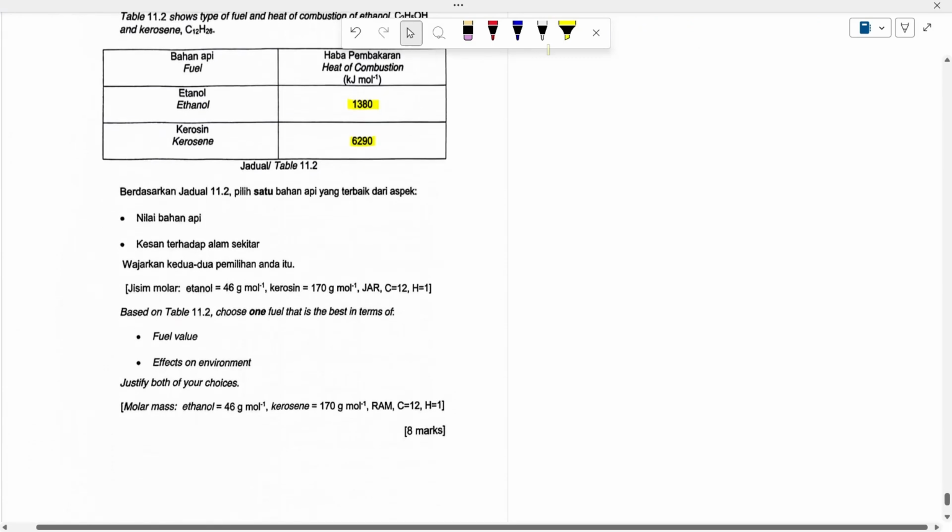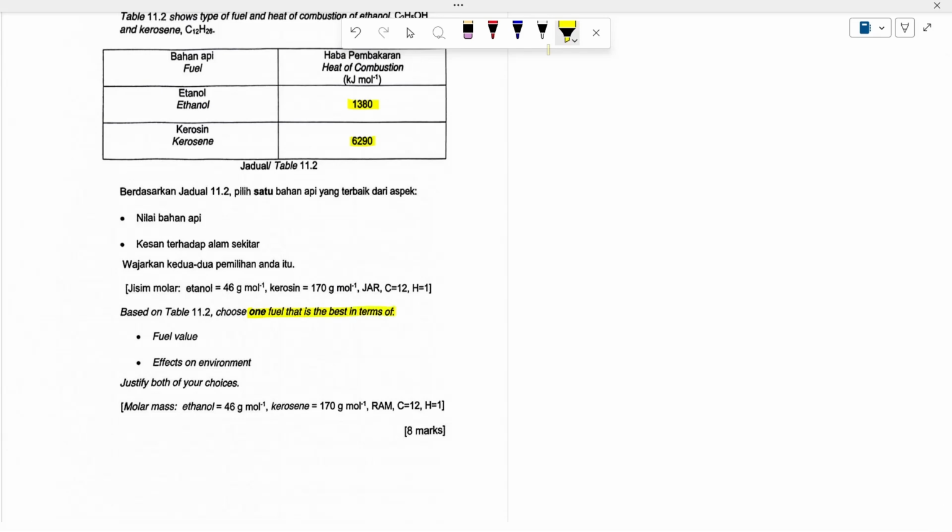Based on the table, choose one fuel that is the best in terms of fuel value and effects on the environment. So justify your choice. The molar mass given for ethanol is 46 gram per mole, kerosene is 170 gram per mole. So 8 marks here.